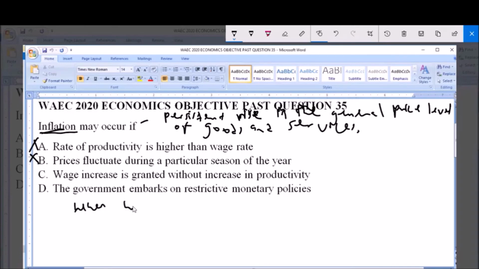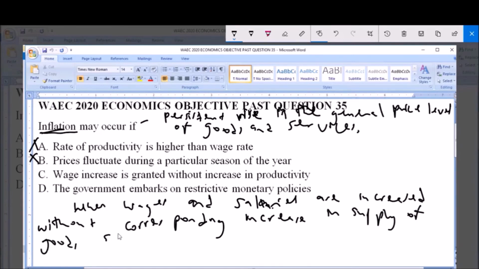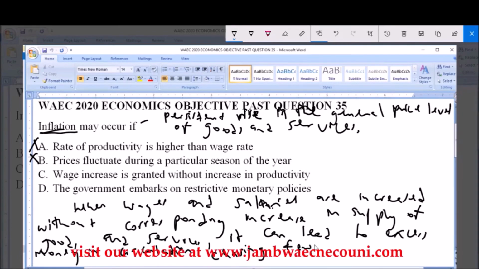Now, when wages and salaries are increased without a corresponding increase in supply of goods and services, that is production, it can lead to excess money in circulation chasing few goods.